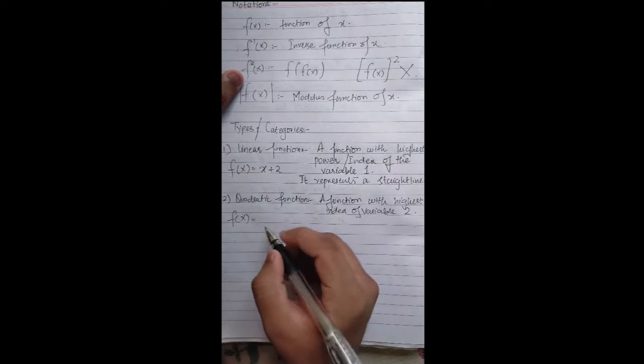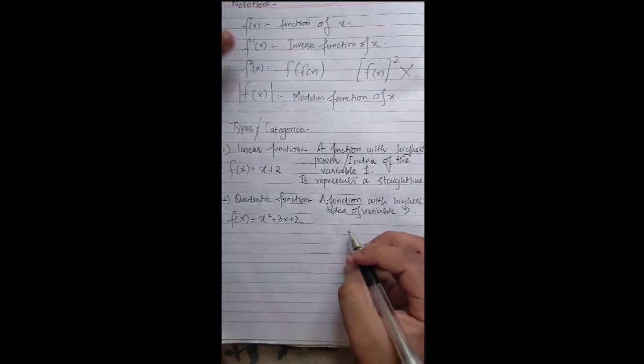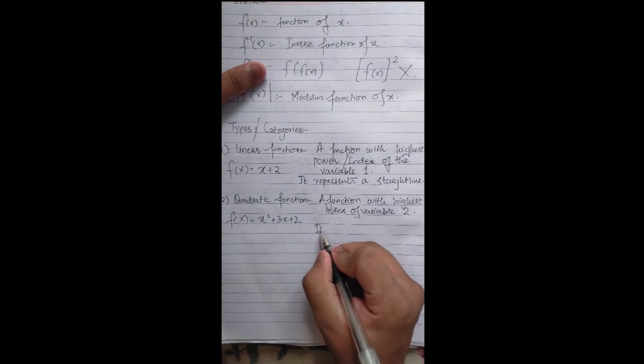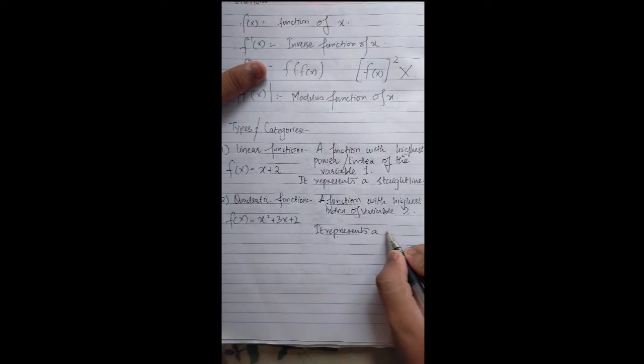This is an example of a quadratic function: x squared plus 3x plus 2. It represents a curve.